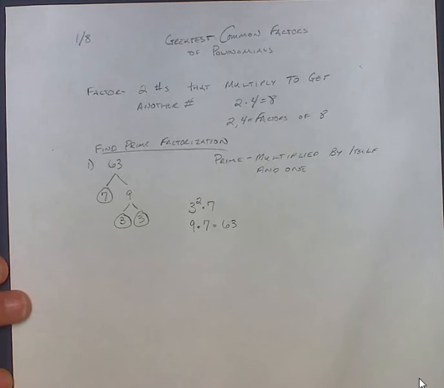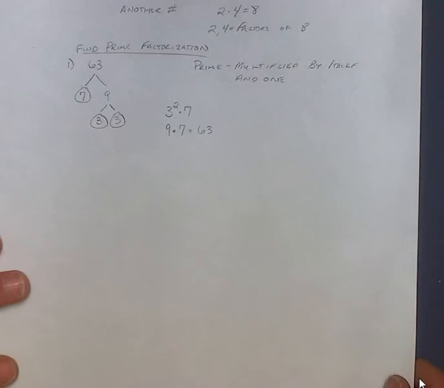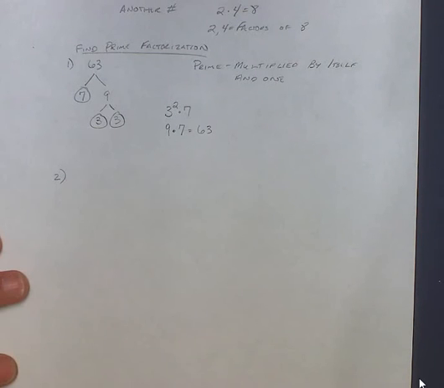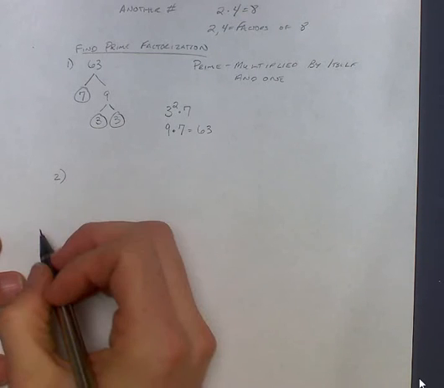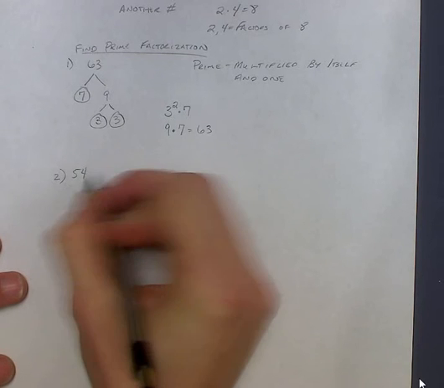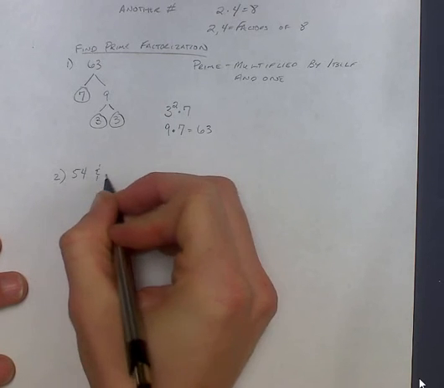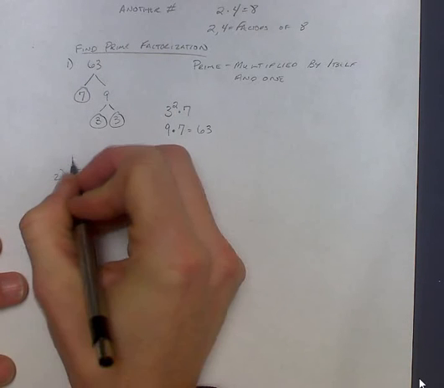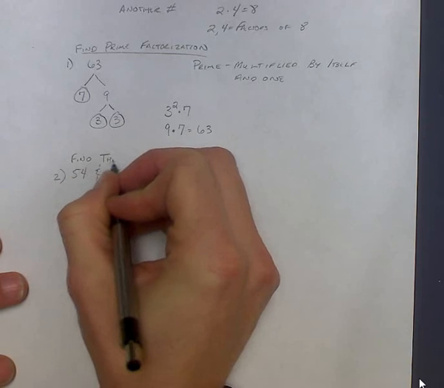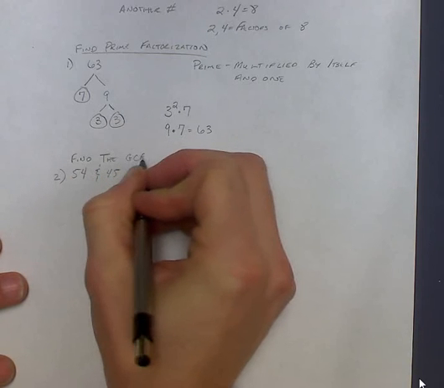Now, the main part of the lesson today was factoring and finding the greatest common factor. And we used 54 and 45 as another one. So find the GCF, or greatest common factor. So I need to do the same thing.